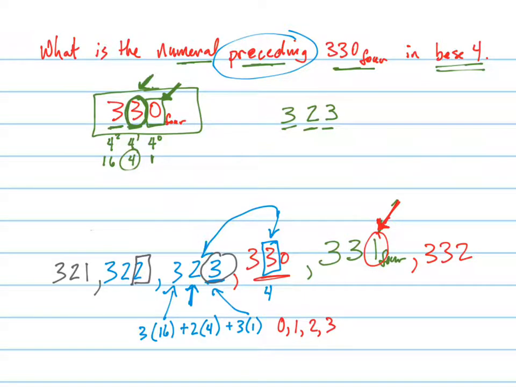I just took 1 away. Because this is 3 times 16 plus 2 times 8 plus 1 times 1. I'm sorry, I said 8, I meant 4. 2 times 4, 1 times 1.